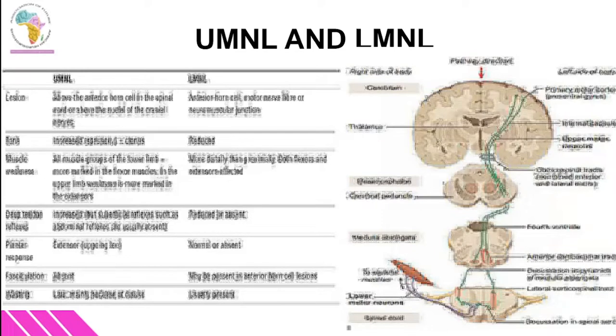In upper motor neuron lesions the tone is increased, deep tendon reflexes are increased, and they have spastic paralysis. Whereas in lower motor neuron lesions, the tone is reduced, reflexes are reduced, and they have flaccid paralysis.